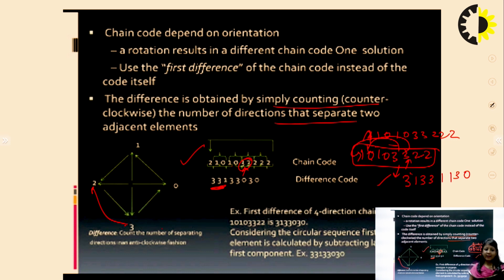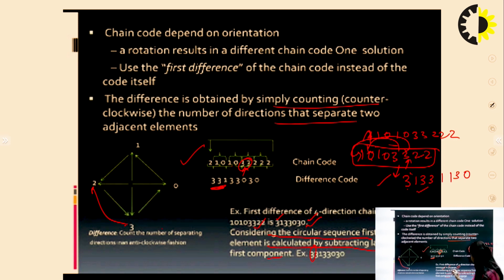Firstly we have to calculate the first difference, and after that we have to normalize this code. Here is the chain code and this is the first difference. Then we have to consider the circular sequence. The first element is calculated by subtracting the last and first components. The last component is 0, the first component is 3, and the difference is 3.